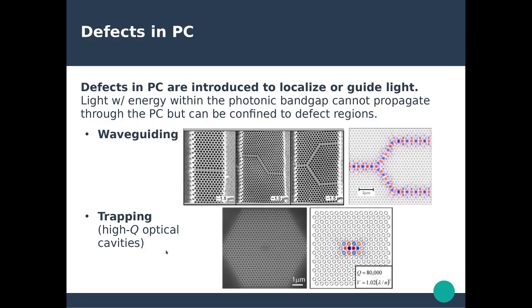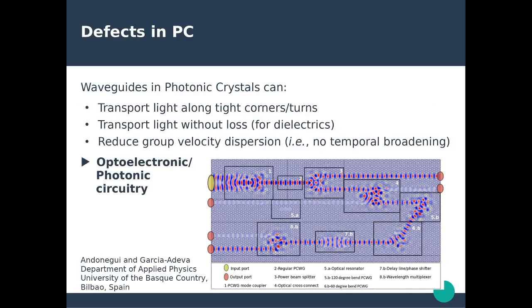So what we can do with those defects, as I said, is waveguiding and trapping. If you combine them, you can really design very complex systems. Waveguides in photonic crystals can transport light along tight corners and turns. That's exactly what we've seen. This is very interesting.